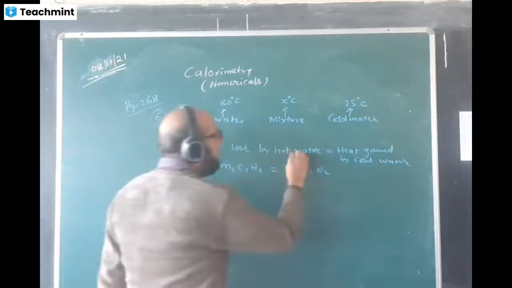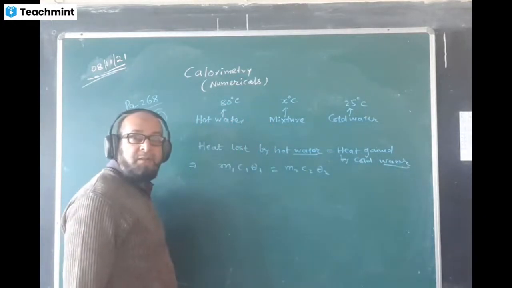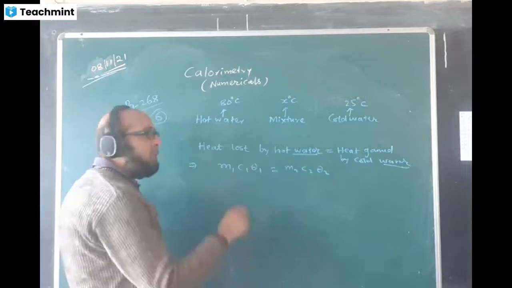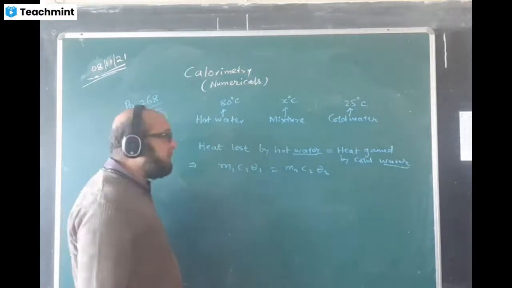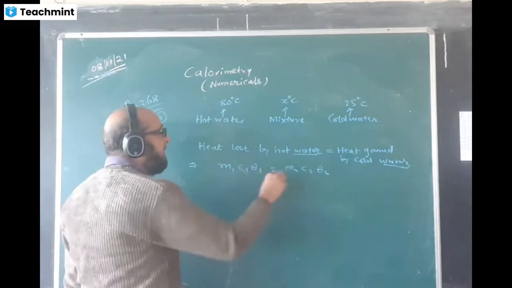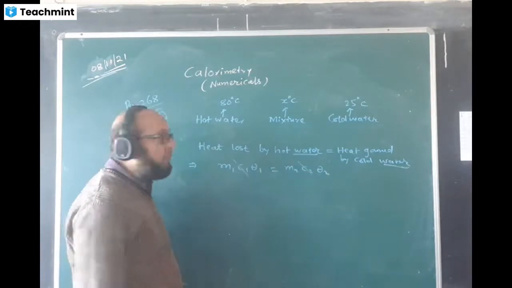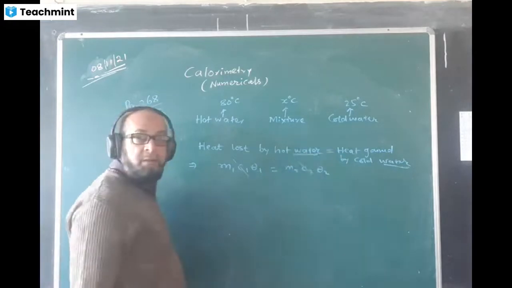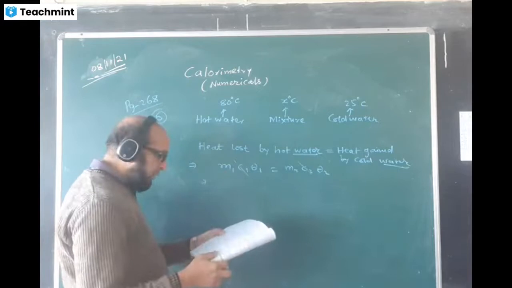Here also we have water. The specific heat capacity of water is 4.2 joule per gram per degree Celsius or 4200 joule per kg per degree. These two are the same values, which we can cancel, since C1 is equal to C2 because both of them are water. Mass of the hot water given in the question is 2 kg.